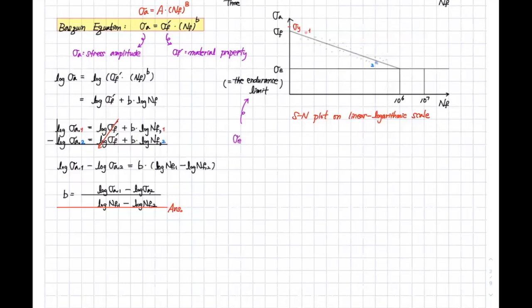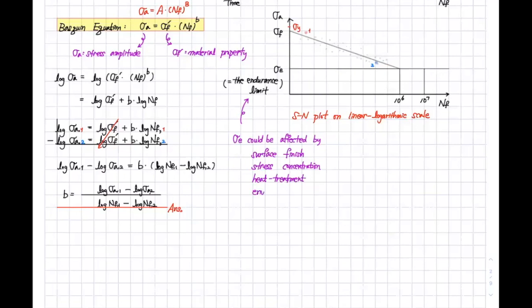So the endurance limit, which is sigma E, could be affected by, first, surface finish or stress concentration, heat treatment like annealing. What else?